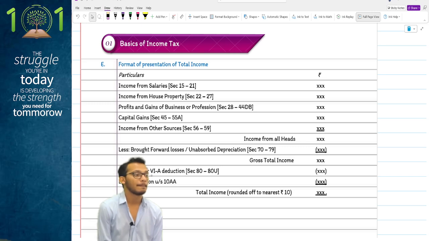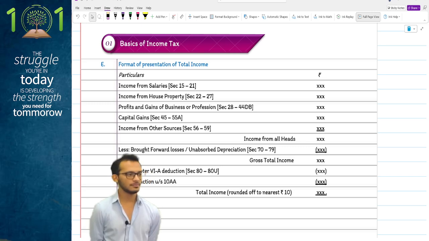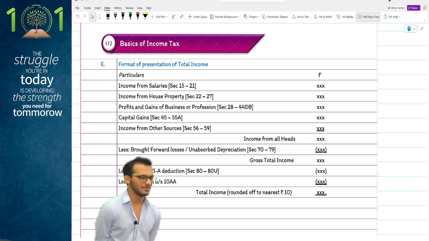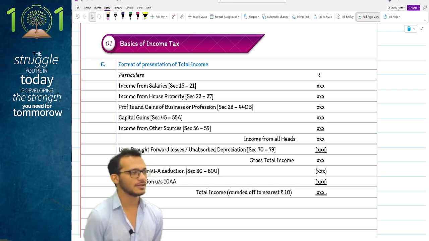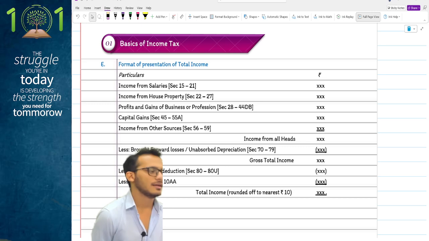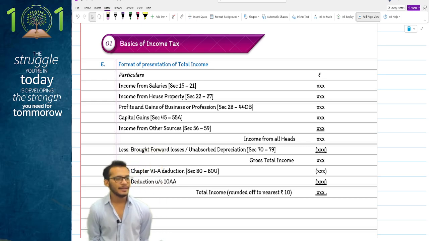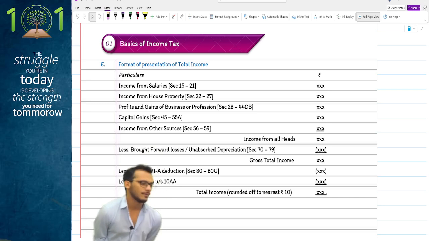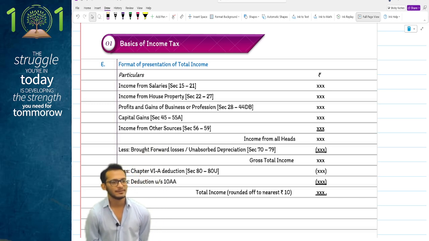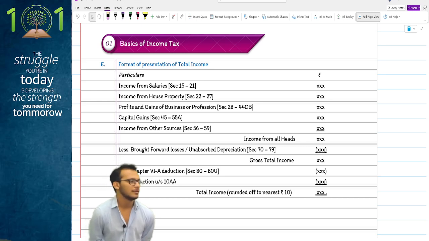Step number 13. What will you do? Obviously, when you say compute tax, you include surcharge and cess also. Claim TDS, TCS, advance tax, self assessment tax, what else?